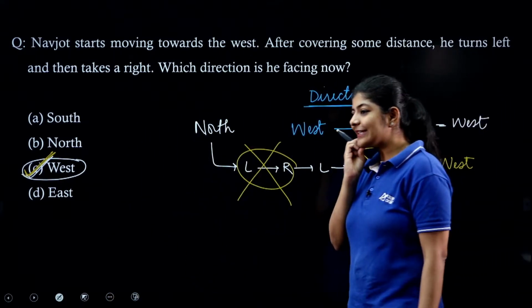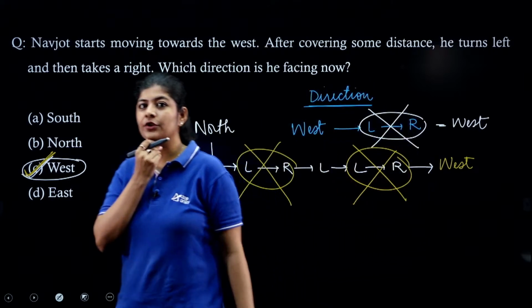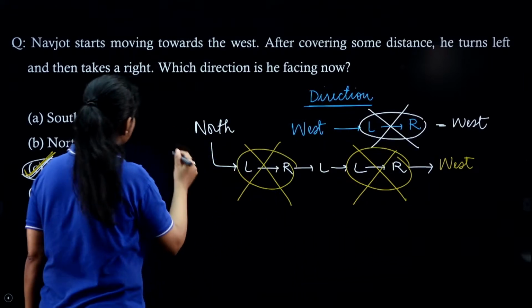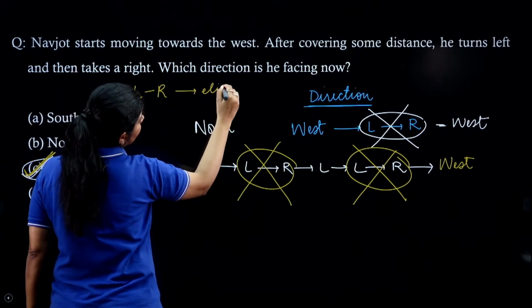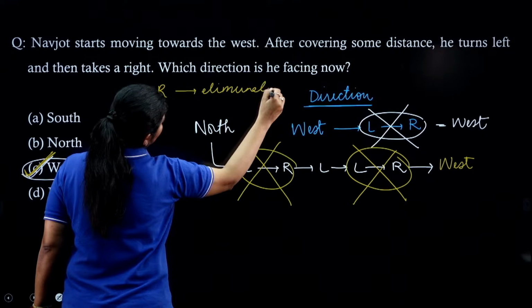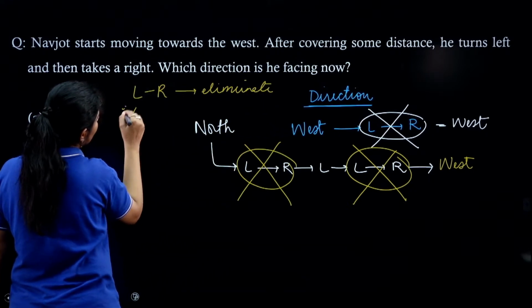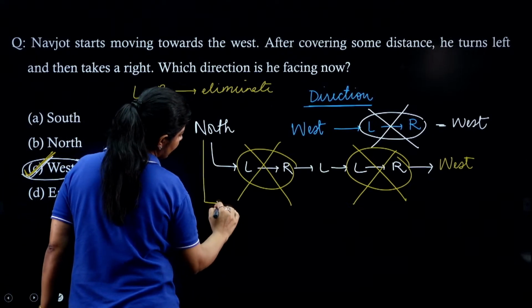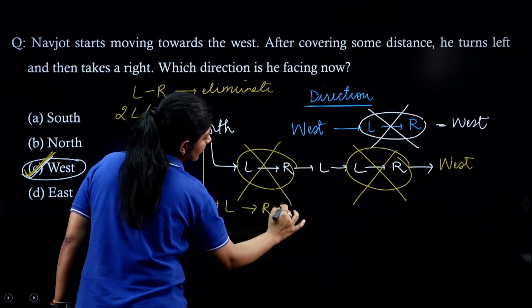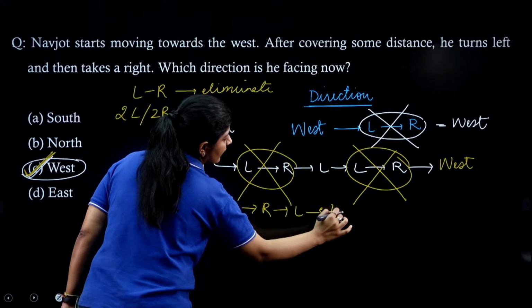Now the question arises, what if I am having two left, two right? Just simply note down. If you are having a left-right pair, then eliminate it. If you are having two left and two right, let's suppose I am having like left, right, left, left, right?